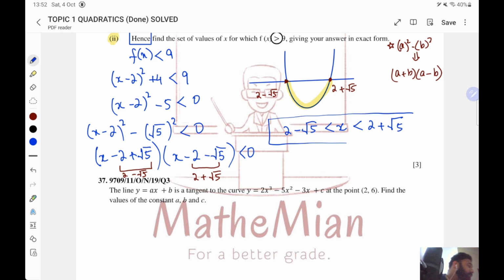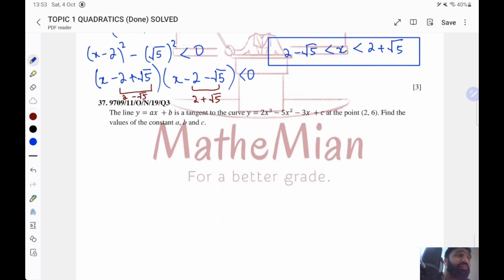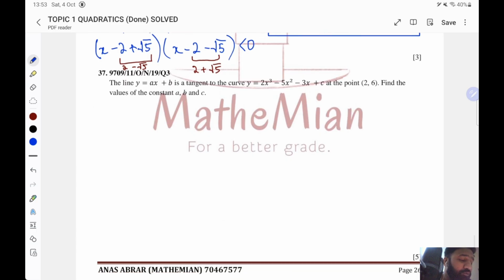So these are the set of values of x for which this inequality is satisfied, and you need to give your answers in exact form, which means you need to give your answer in the form of square roots. Let's move to the next question.